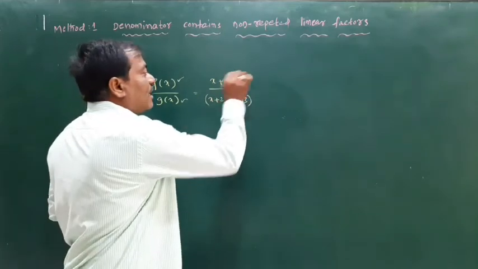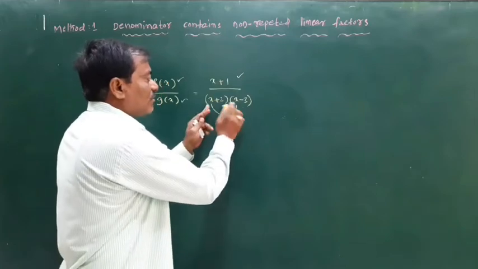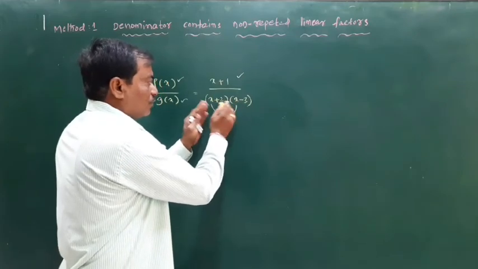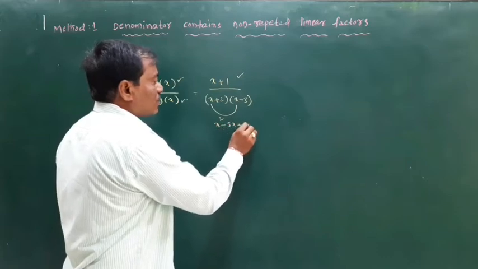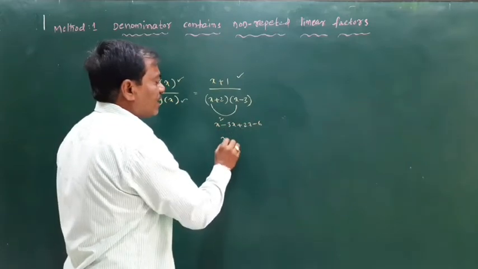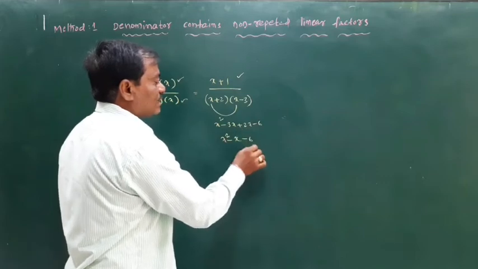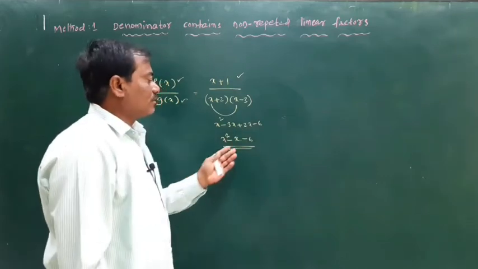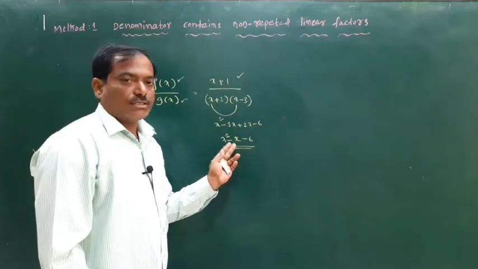The degree of the numerator is 1 and the degree of the denominator is 2. If we multiply these two factors, we get x square minus 3x plus 2x minus 6, which finally gives x square minus x minus 6. The denominator is also a polynomial and the degree is 2.